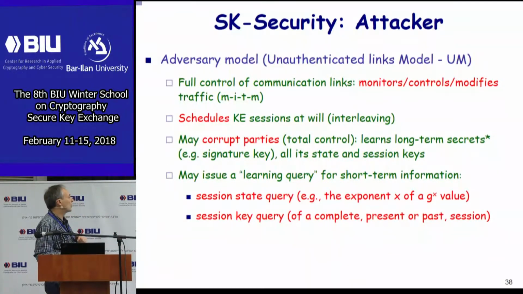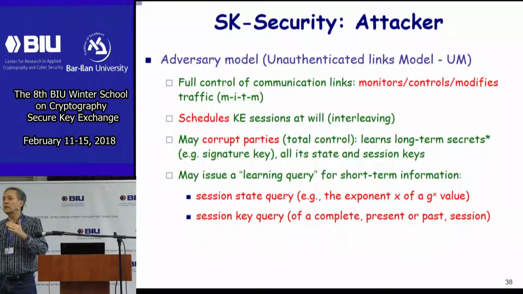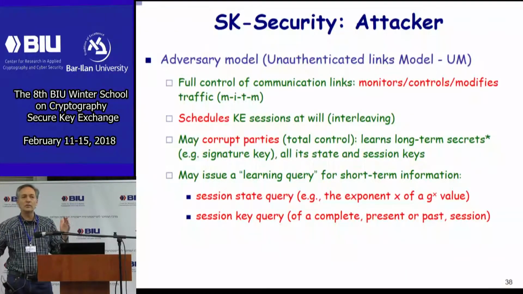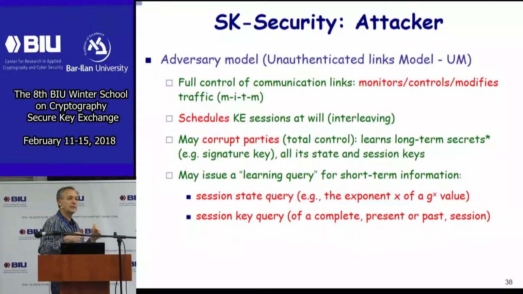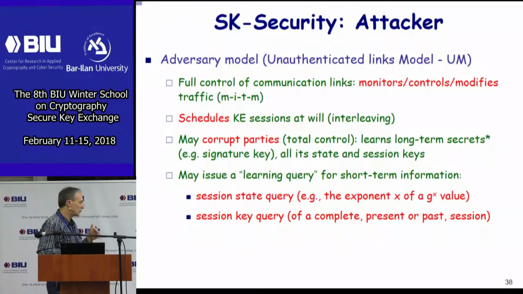So total corruption, for now, we call the case in which the attacker learns the long-term secret keys, and in this case, we assume that it learns the states of the sessions that exist and the session keys that were not erased. However, we also assume some forms of partial corruption, in the sense that the long-term keys are not found, but session-specific information is found, such as through a session state query.